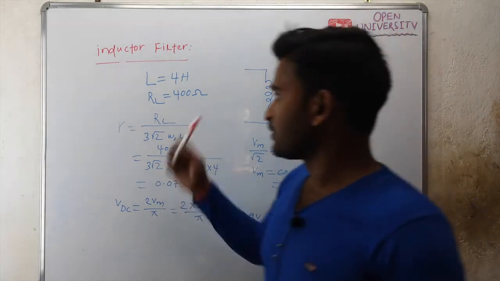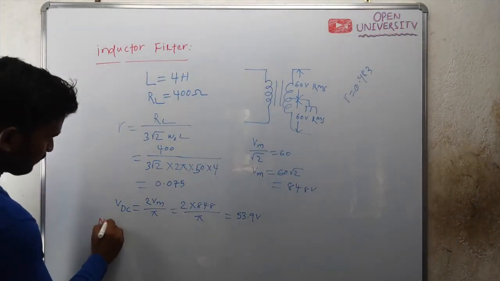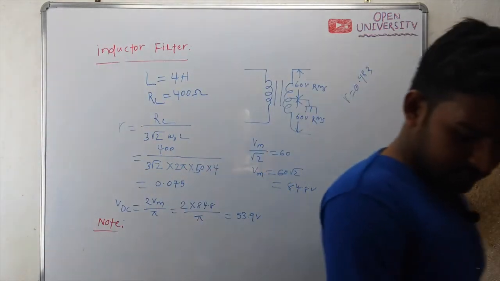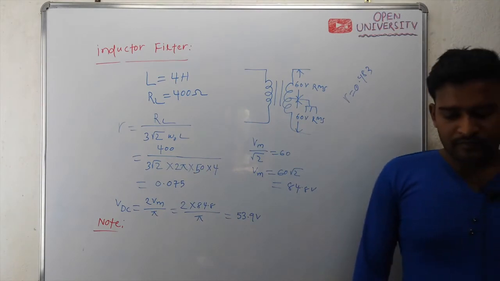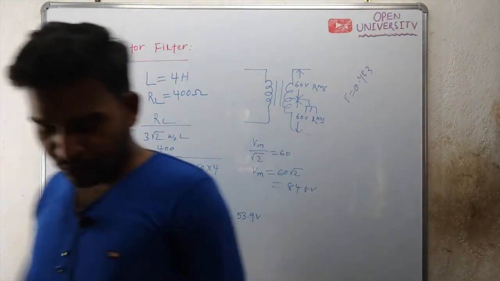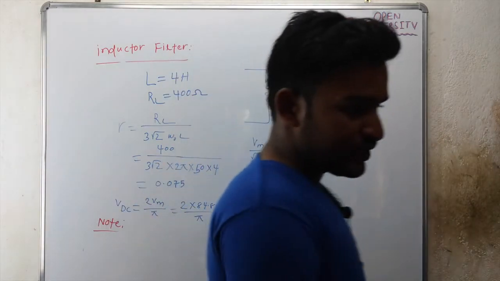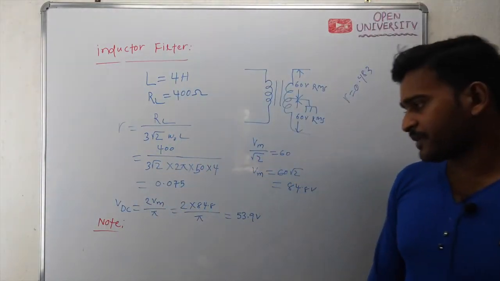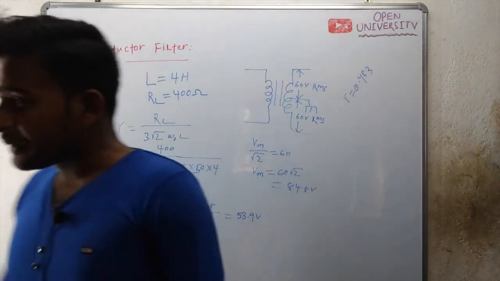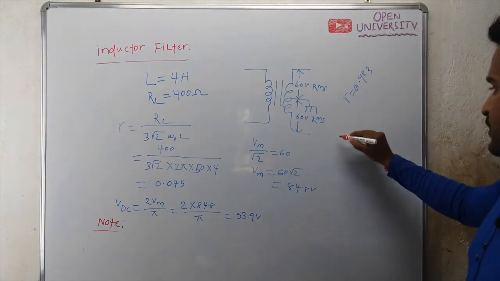Take a note. For a full wave rectifier with any filter, the ripple factor lies in the range 0 to 0.483.